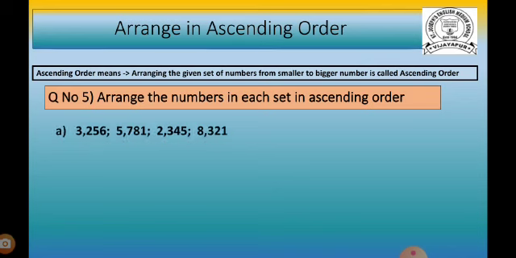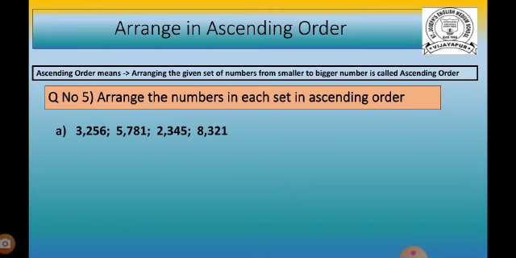The first question is 3256, 5781, 2345, 8321. Now these are all the given numbers. Children, look at the thousands numbers. The first number has 3000, the second has 5000, the third has 2000 and lastly we have 8000.